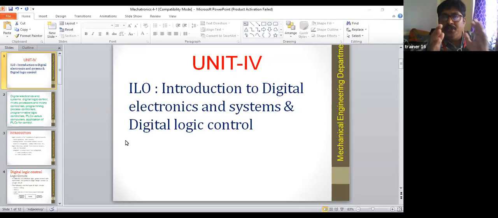That means the overall introduction of the unit 4 syllabus. Then we will go on to discuss digital logic control, right? So this is the introduction to digital electronics and systems and digital logic control. Today it is the topic. That means the introduction of the unit 4 syllabus and digital logic control.